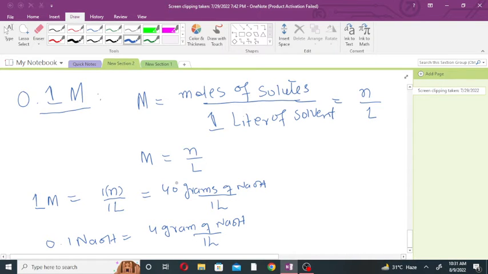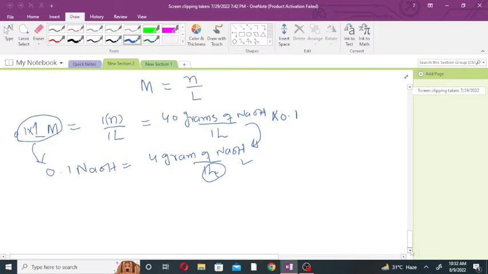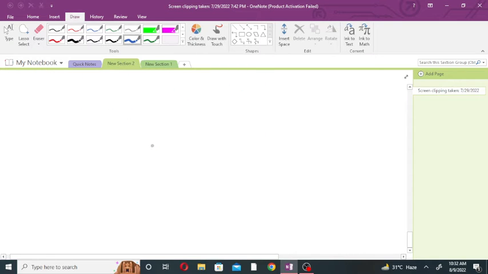We just multiply this term with 0.1 and this term with 0.1. So we will get 0.1 molar, and here we get 4 gram of NaOH in 1 liter of distilled water. So we will get 0.1 molar NaOH solution.